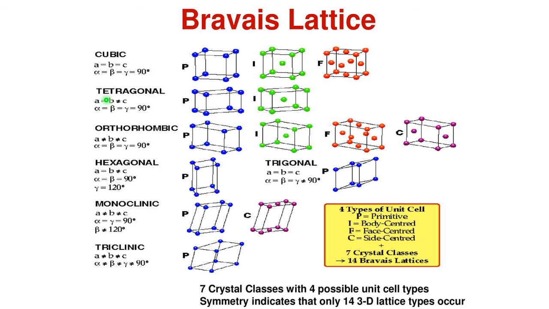Even more symmetric is tetragonal, when two of sides are identical and all angles are 90. And the highest symmetry is cubic, when all A, B, and C are identical and all angles are 90. These 14 types of cell describe whatever is possible in nature to make solid state with periodicity.